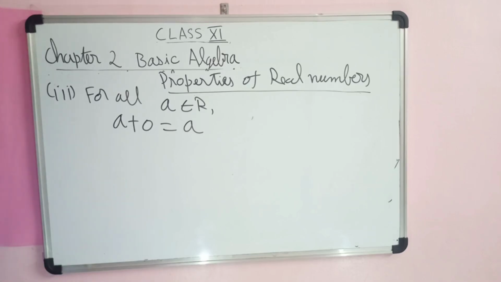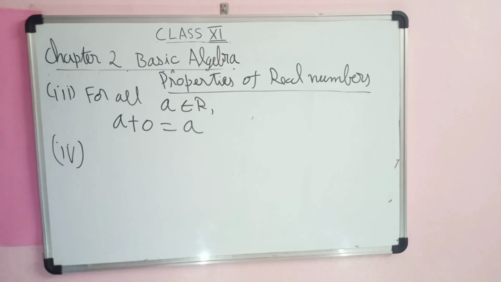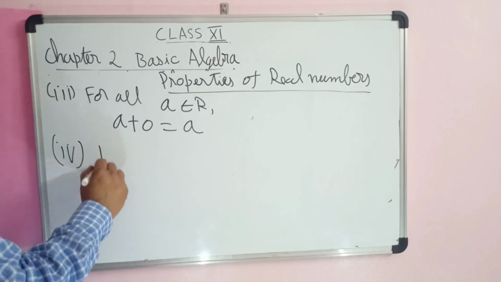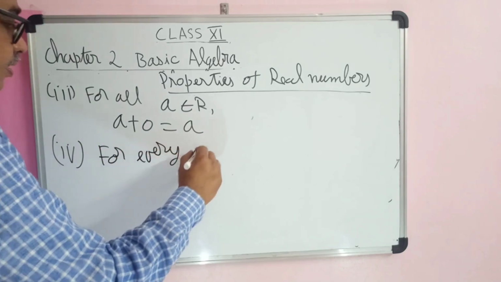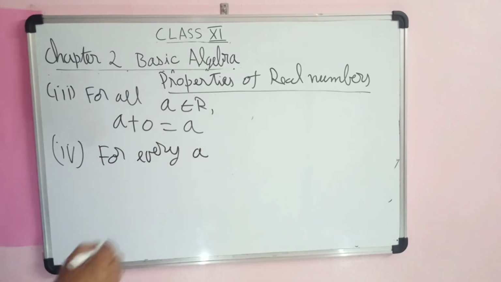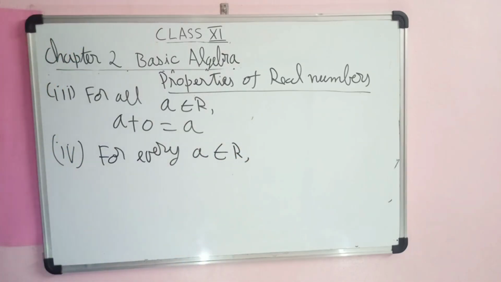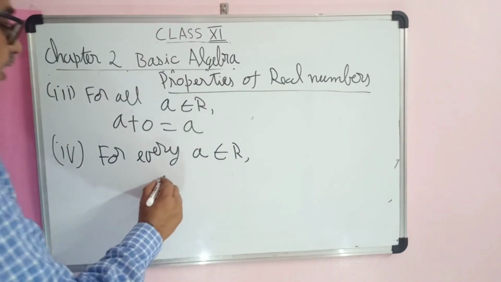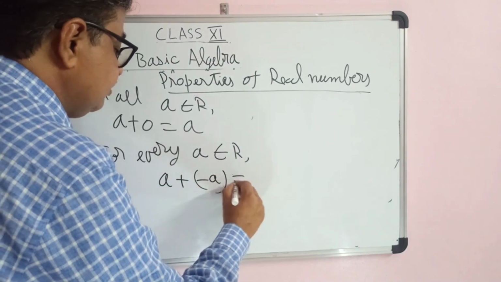Then fourth property, for every A belonging to R, A plus minus of A is equal to 0.